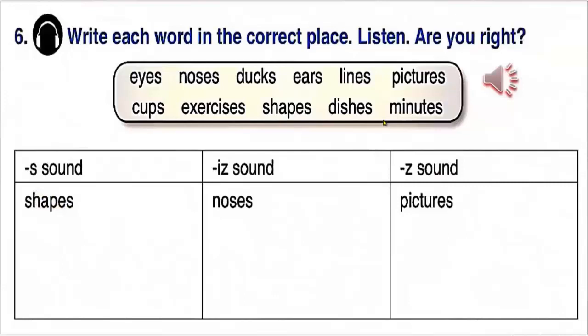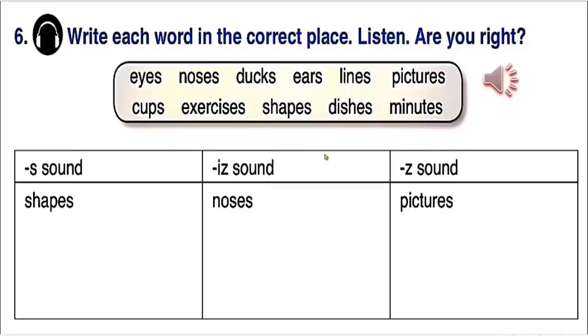Now let's go to the next exercise. Write each word in the correct place. Listen. Are you right? Please, let's listen to these words and put each word in the correct place. Okay.